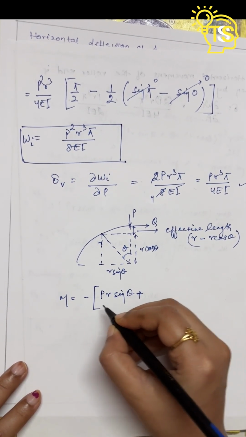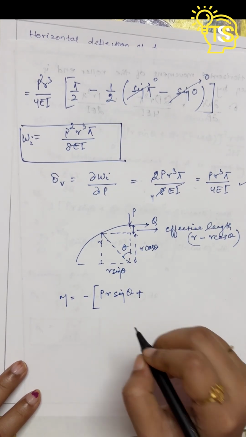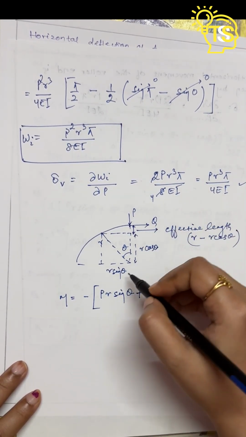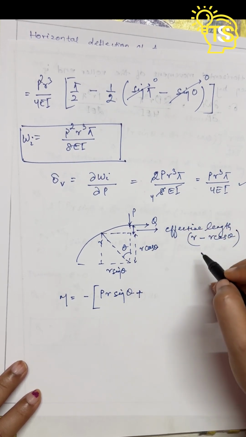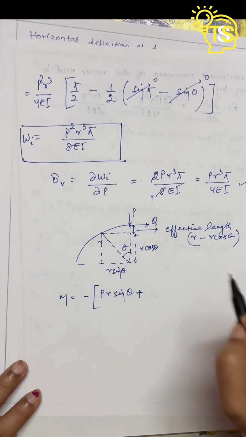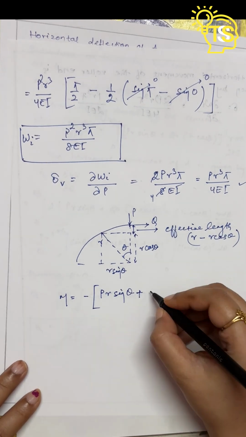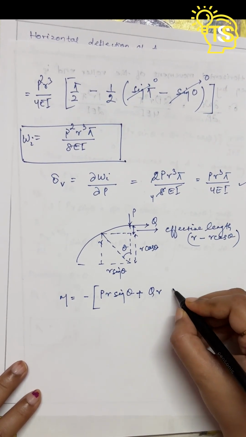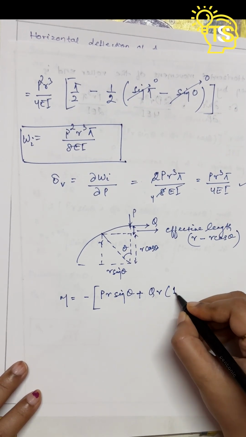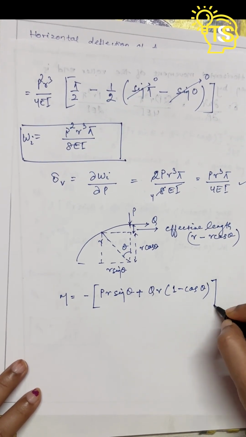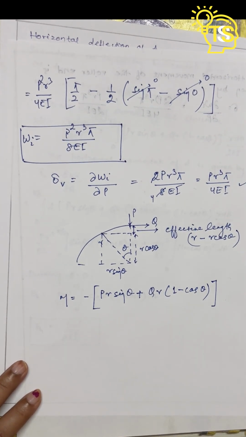It will be plus because we took minus outside, and the sign of P R sin theta and Q R minus cos theta will be equal because both are in anti-clockwise direction. Here the value will be Q. Let's take the R outside. We will get Q R 1 minus cos theta. This is the value of the moment.